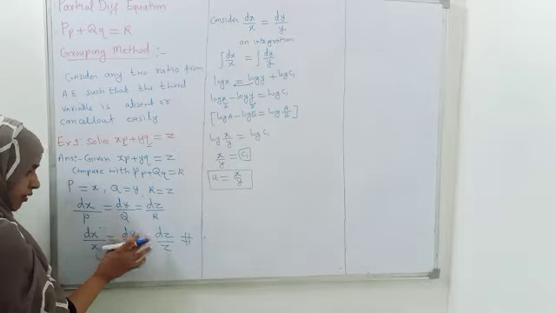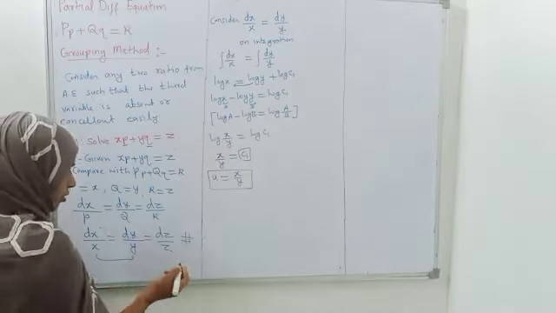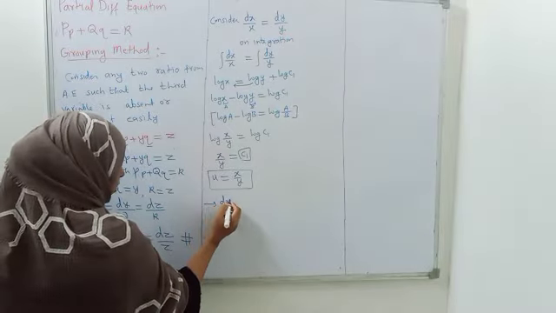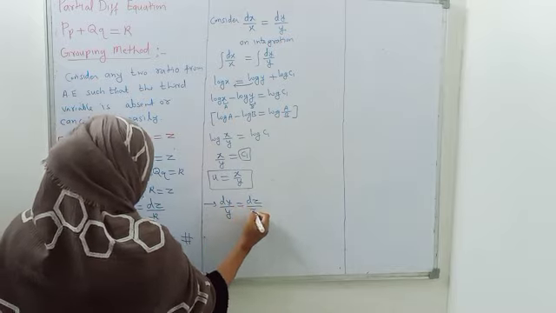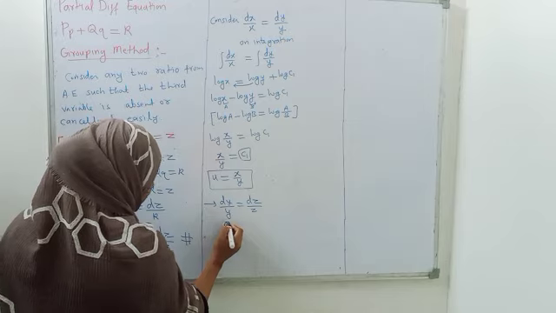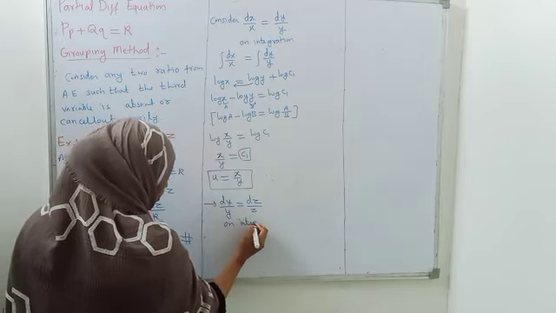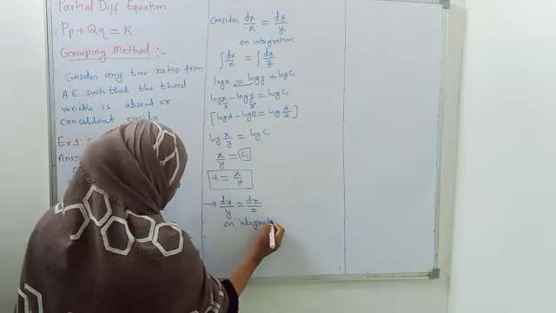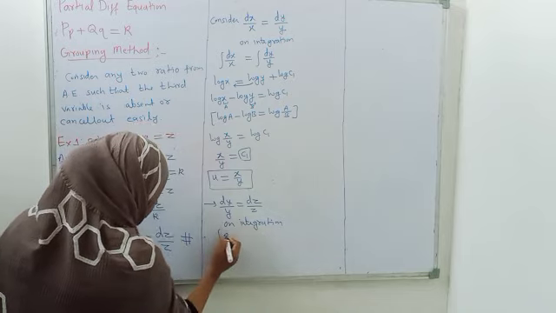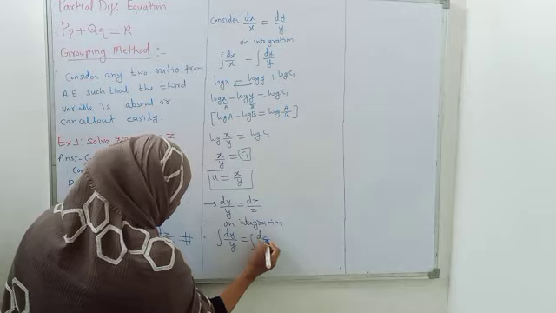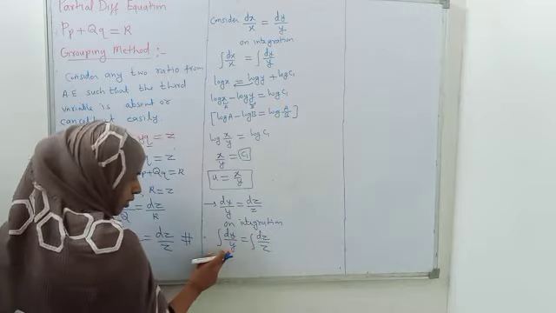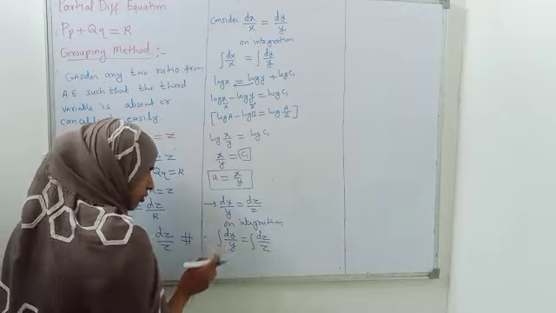So again we take for the second solution dy upon y is equal to dz upon z. On integration, integration dy upon y is equal to integration dz upon z. So it will be log y is equal to log z.